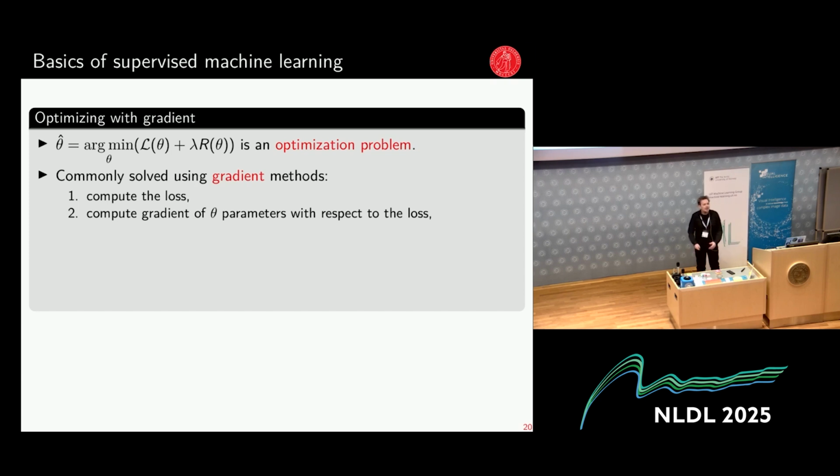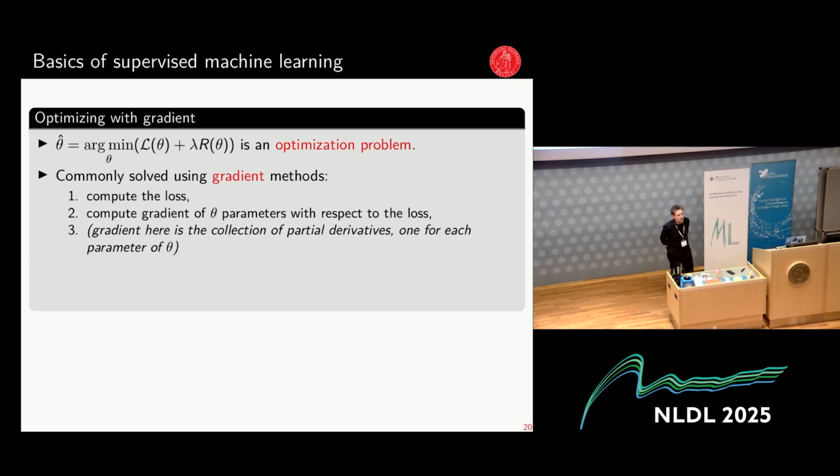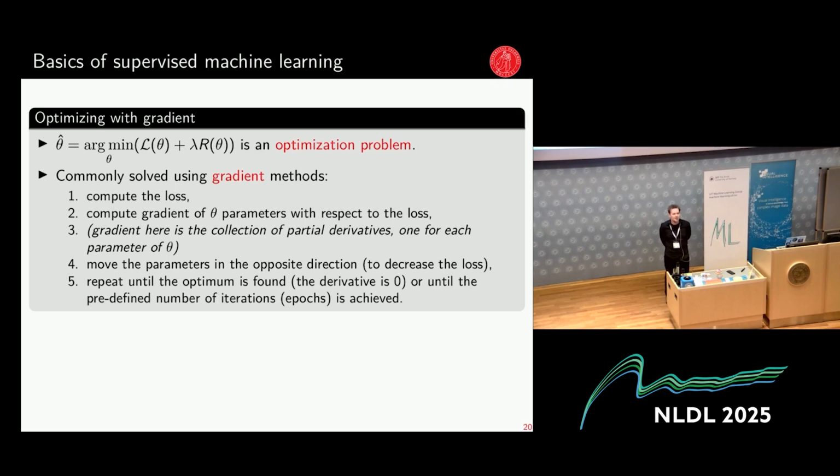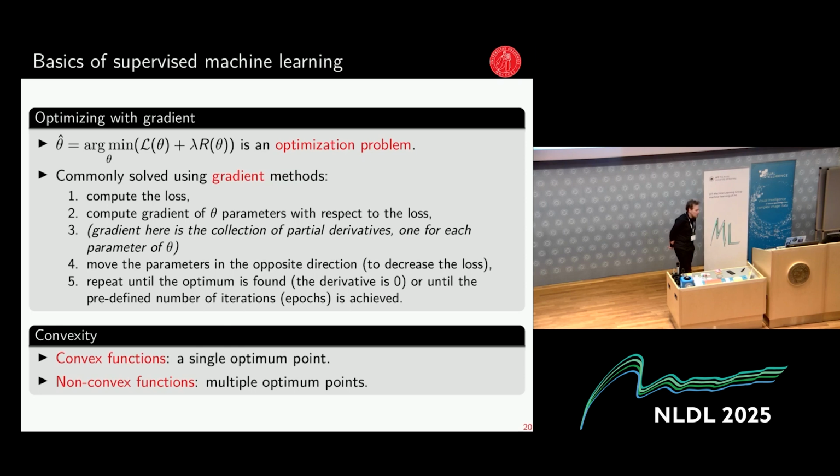But basically, we just compute the gradient of the loss with respect to the parameters and try to find in what direction we should change the values of the parameters of the model so that the loss decreases. So we just move all the parameters in the direction which is opposite to loss increasing, right? And we repeat it until we find some optimum value, right?